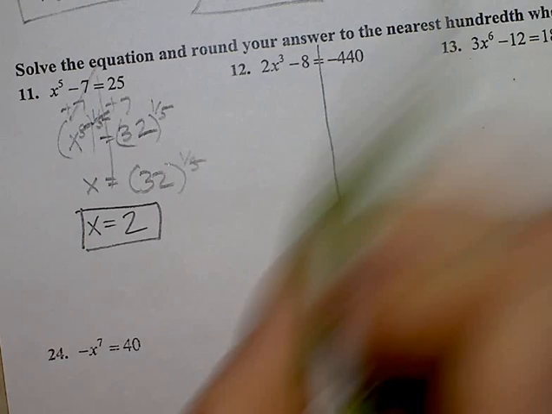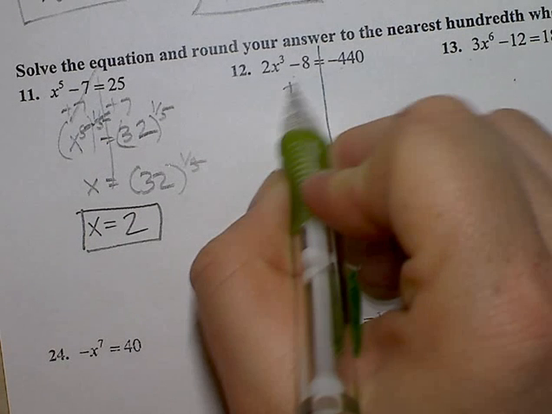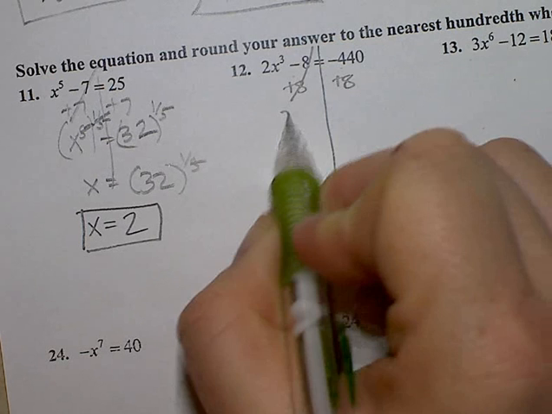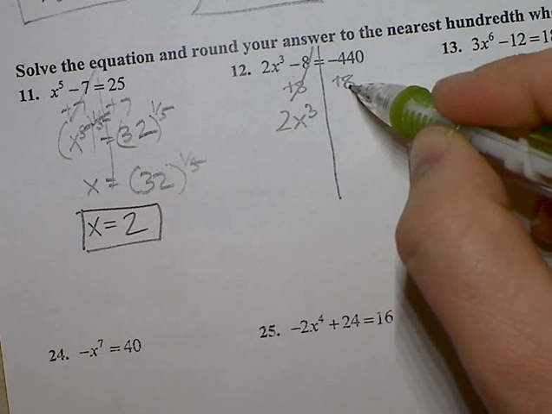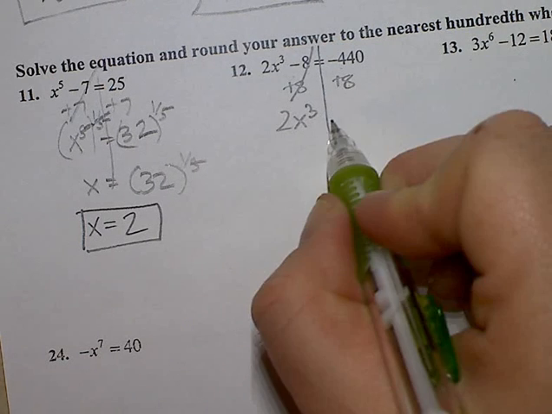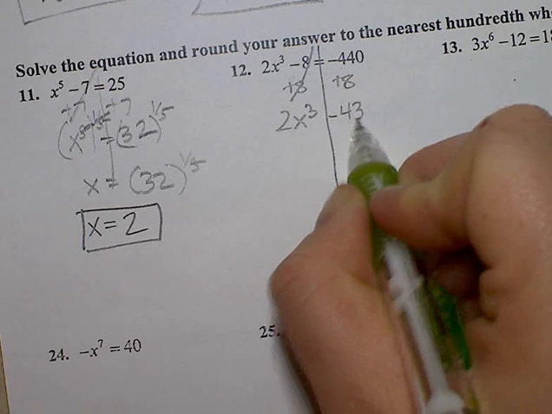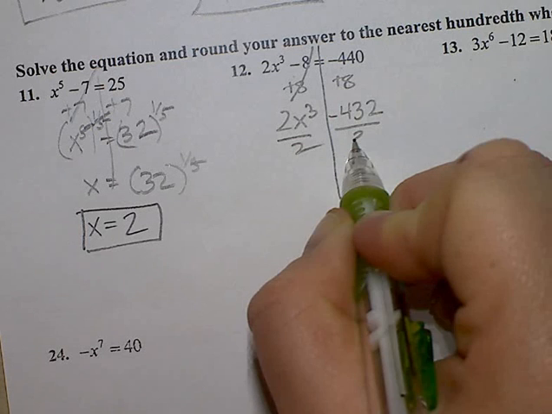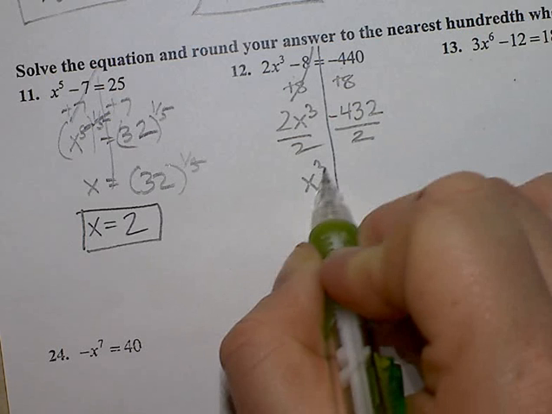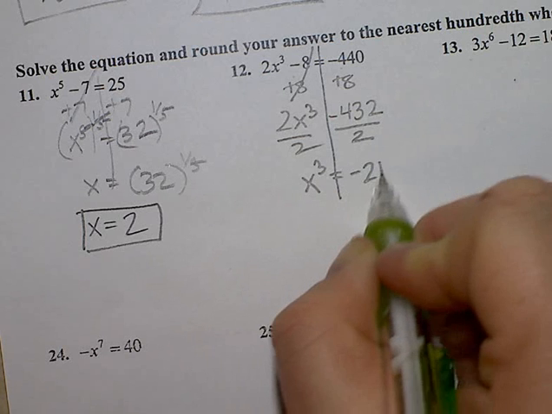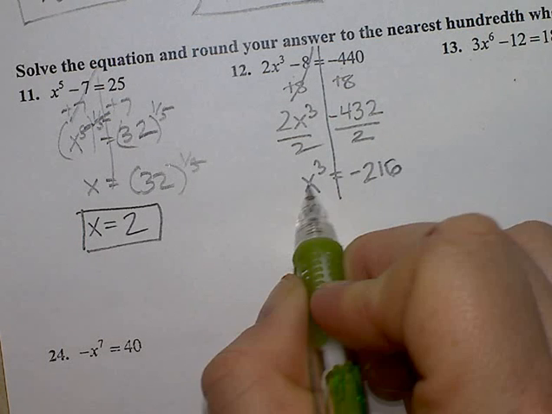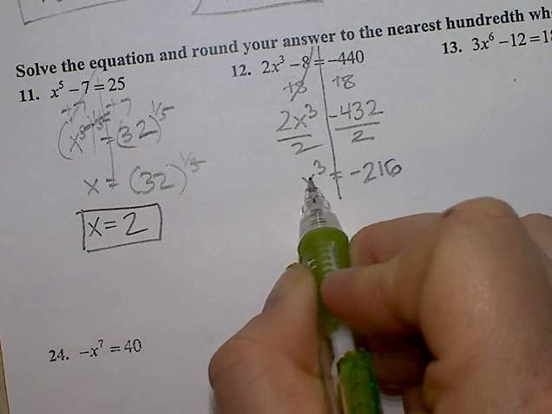All right, next one, I'm going to add 8 to both sides. Adding 8 to a negative 440 gives you negative 432. Divide 432 by 2. Negative 216. How do I cancel out a power of 3?